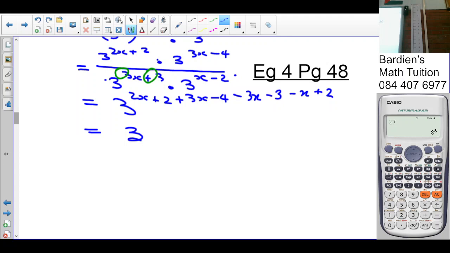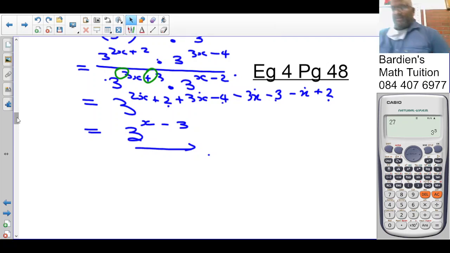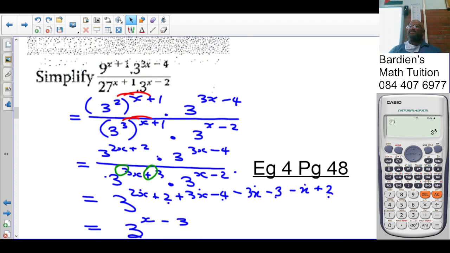We will have 2x plus 3x is 5x, minus 3x, 2x, minus x. 2 minus 4 is negative 2, minus 3, negative 5, plus 2. And there we go. Is that the right answer in the book? Yes. Right. Any issues here? No. You all understand?